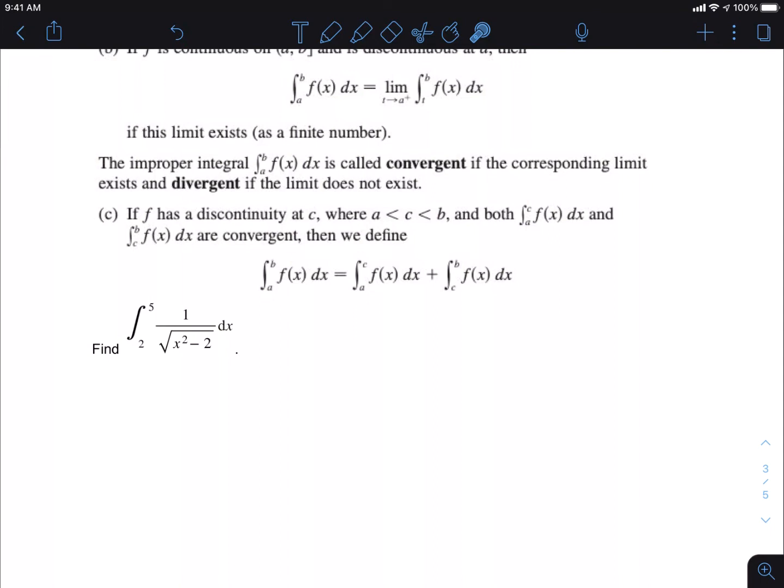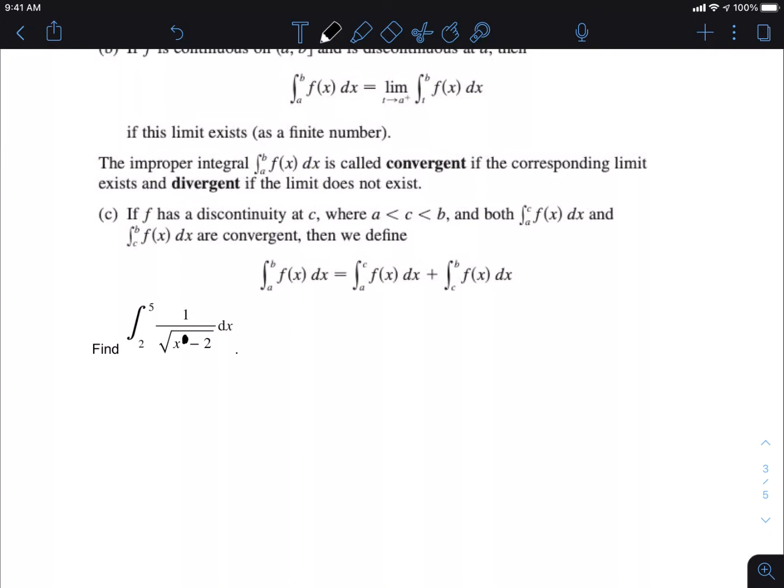I think I put a square there accidentally, and it will change the problem completely, because this problem wouldn't have a problem at 2. It's the square root of x minus 2. It was your example 5. Yeah, I think it's just x minus 2. So this is not squared. That's a mistake.